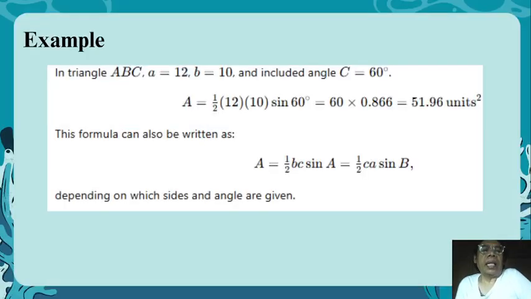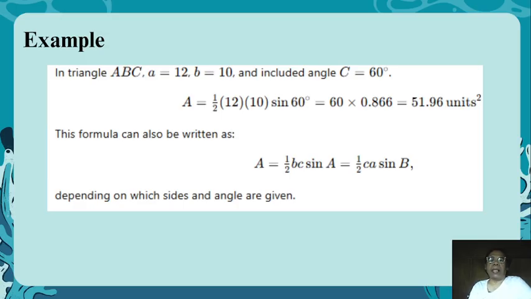Example, in a triangle, a is equal to 12, b is equal to 10, and the included angle C is 60 degrees. So, to get the area: area is equal to 1/2 times 12, which is side a, times 10, which is side b, times sine of angle C. Our angle C is 60, that's why we have sine 60.